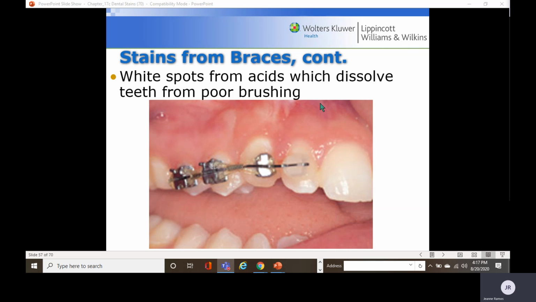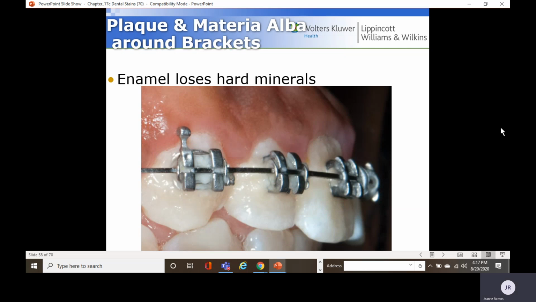There are white spots from acids, which dissolve teeth, from poor brushing. Plaque and materia alba is there, you can see it around these brackets, and you can see at the bottom is where the teeth are cleaned off, and the enamel loses all of its hard minerals.